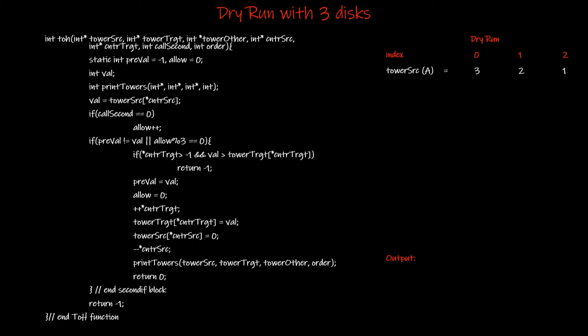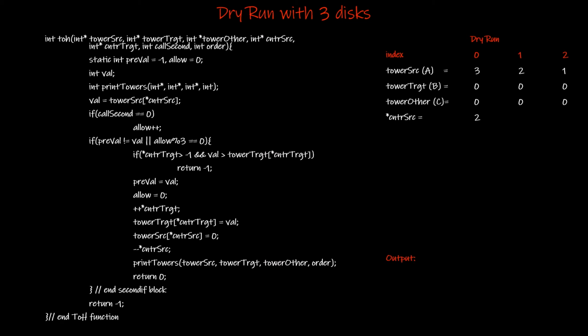So we have tower source, which is now having the address of tower A, pointing to values 3 to 1. Then we have tower target, which is pointing to tower B, having values 0, 0, 0. Then we have tower other, which is pointing to tower C, with values 0, 0, 0. Then we have counter source set to 2.